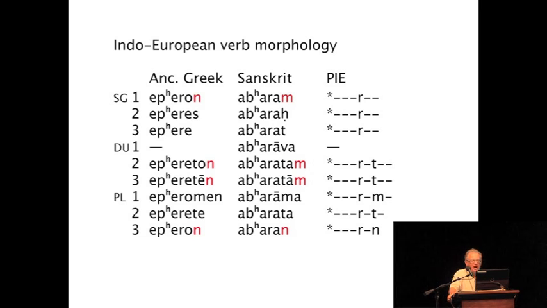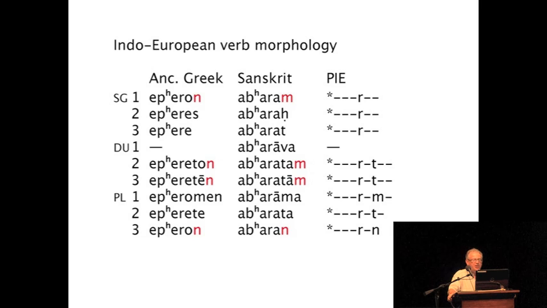In fact, if you look at the highlighted examples here, you'll notice that ancient Greek consistently has N in word final position, whereas Sanskrit sometimes has M and sometimes, as in the third person plural, has N. So the question arises, what should we reconstruct to the ancestral language?